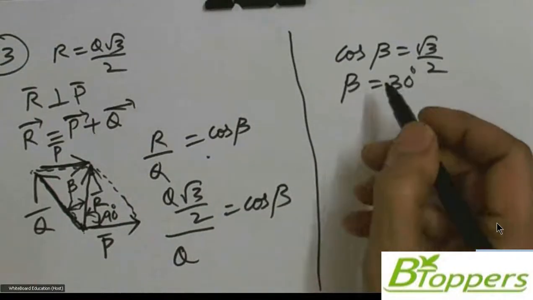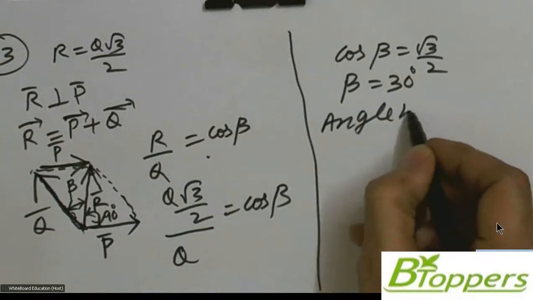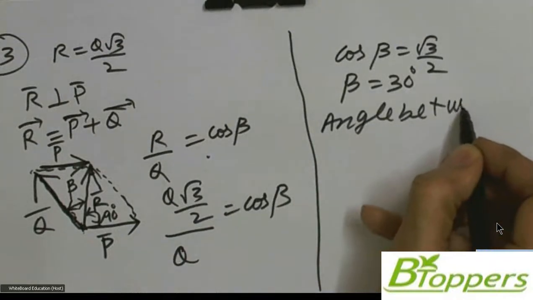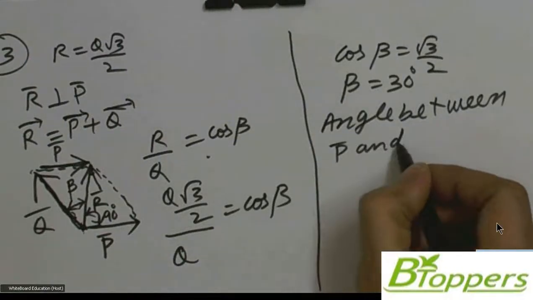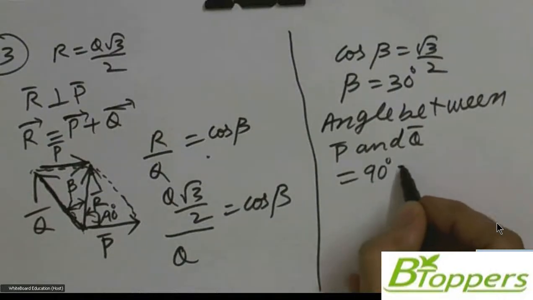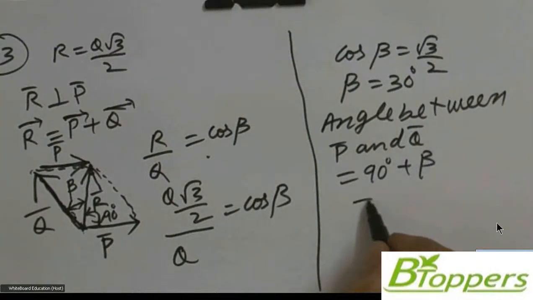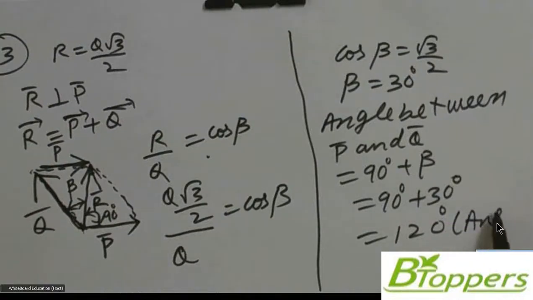So beta is 30 degrees. Therefore, the angle between p bar and q bar is equal to 90 degrees plus beta, or 90 degrees plus 30 degrees. That will be 120 degrees. Therefore, the answer is 120 degrees.